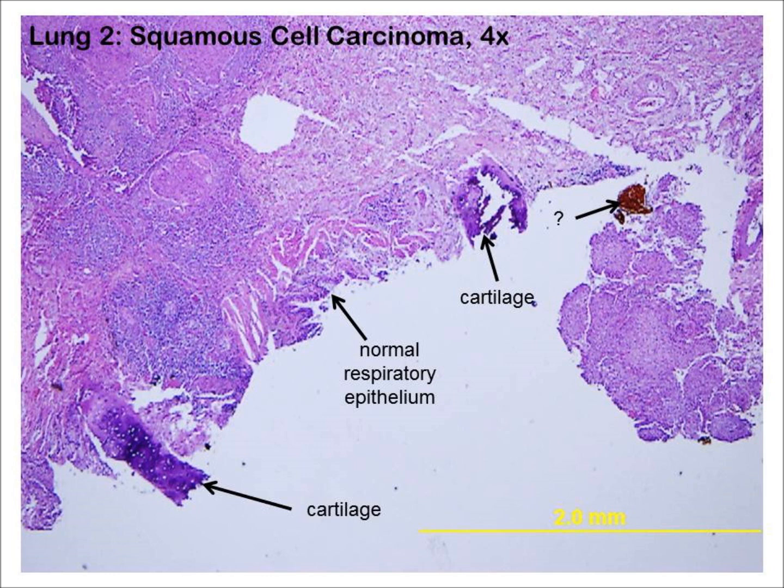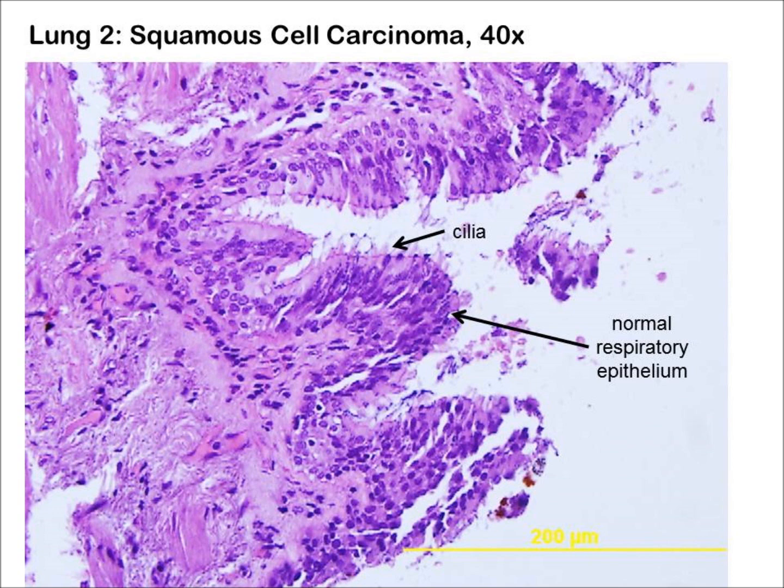Under low magnification, locate the two small pieces of cartilage. Now, situated between these two pieces of cartilage is a small region of respiratory epithelium. Examine this epithelium under high magnification and confirm that it contains cilia on its free surface.